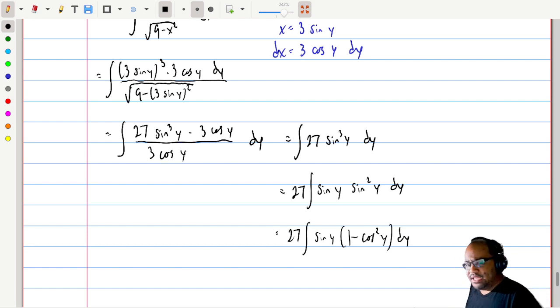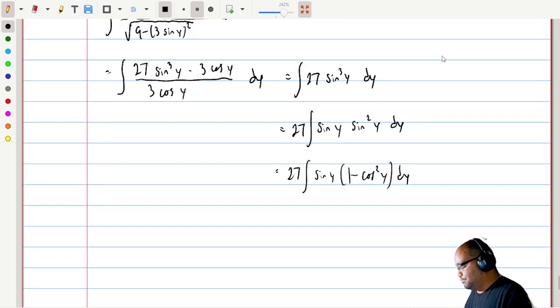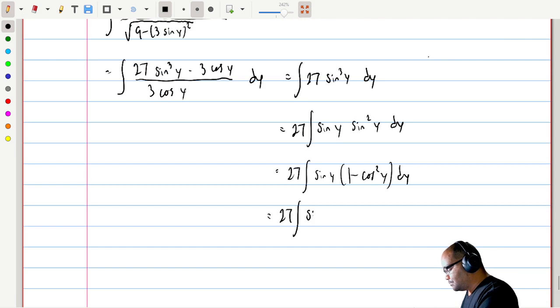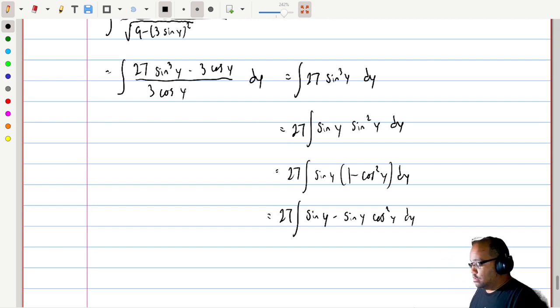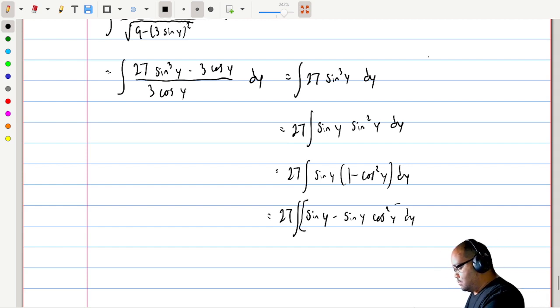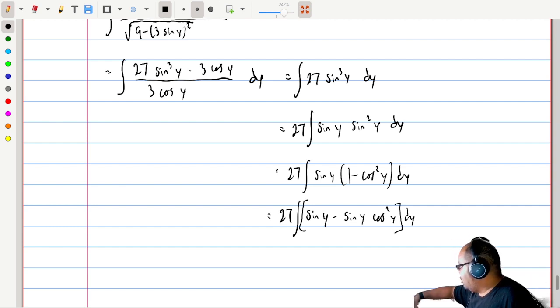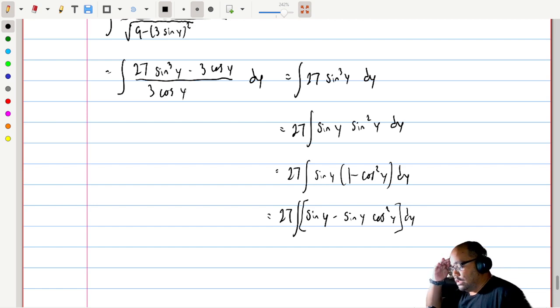So when I multiply that out, the first integral is easy. So let's multiply those two out: sine of y minus sine of y cosine squared of y dy. Okay, and now the second integral, the sine of y cosine squared of y, there's a substitution involved there.